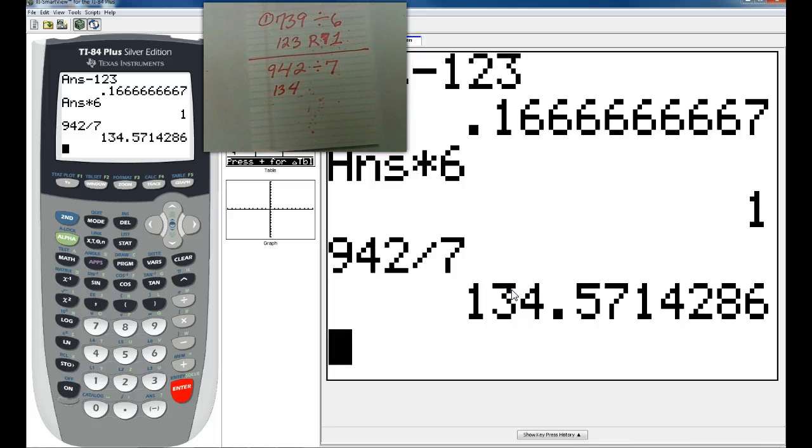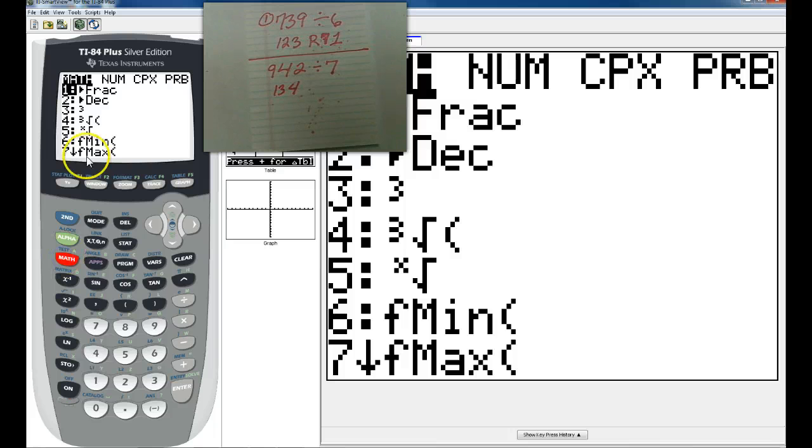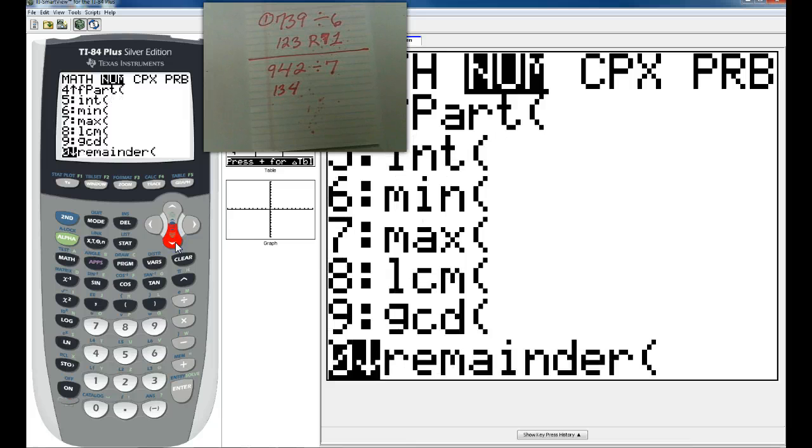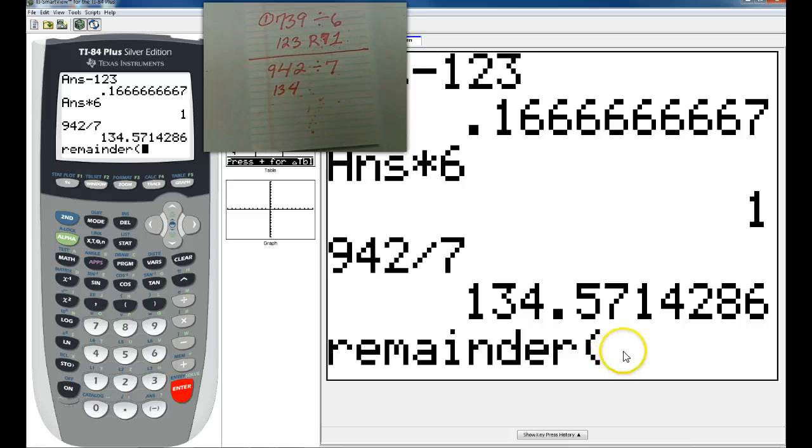Now if I wanted to use the calculator menu, I would go over to Math right here. Then at the top of Math, I go over with the arrow to Num. And then I would scroll down or hit 0, but I'm going to show you where it is. You would go down to 0 where it says remainder and hit enter. The calculator is asking you, well, what two numbers are you dividing?